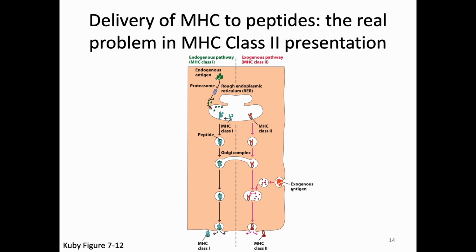And so if things really worked exactly as was shown here, then MHC class II would get filled up with peptides in the ER, and it would make it here where it's supposed to bind antigen, and it would already be full. And so we couldn't pick up antigen because it was already full. And so the problem here is actually, how do we deliver the MHC to the peptide in a way that it's not already full of class I's peptides? And so that becomes a real issue here.